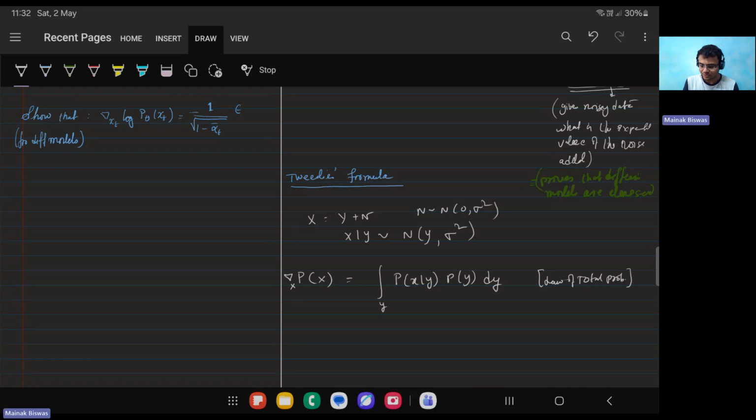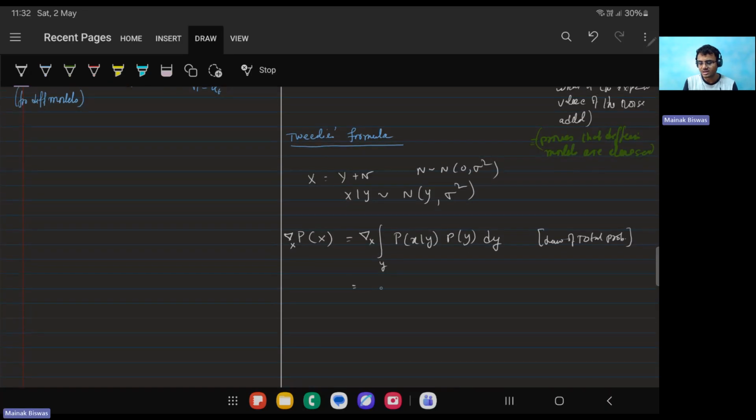You just take a gradient with respect to x. When we pass it into the integral, it becomes a partial derivative, so it will become d/dx. Even if it is a vector, it doesn't really matter. Here, p of y dy, right?